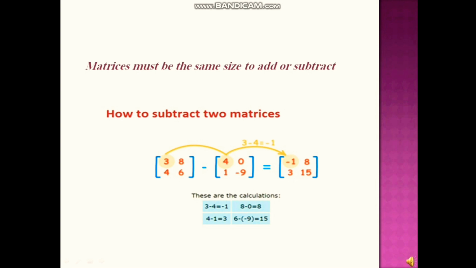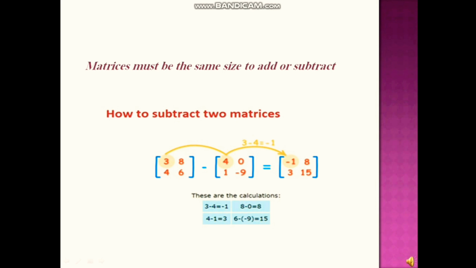As we mentioned before, matrices must be the same size to add or subtract. Here we have an example of subtracting matrices. We have two matrices, same size, both of them 2 by 2, and we subtract the numbers one by one.